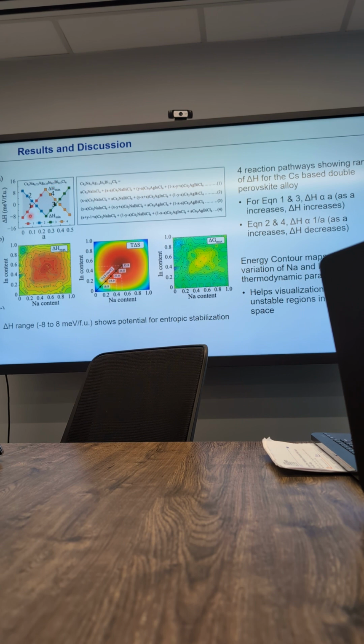And if it is -8, the delta H minimum is your lowest formation enthalpy, which means your easiest path, right? So with this path, you are going to have your entropy dominate your enthalpy very much, and so your thermodynamic stability is enhanced. Whilst when you go to the highest, it's 8.